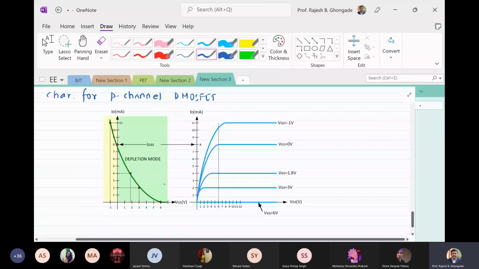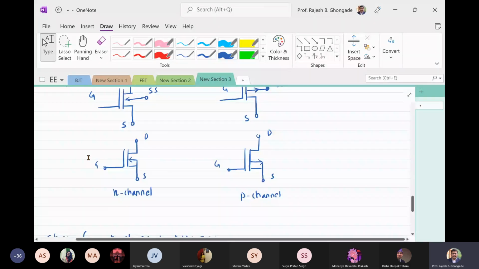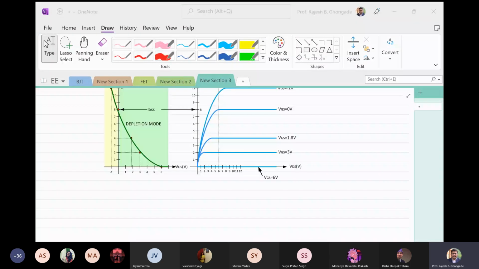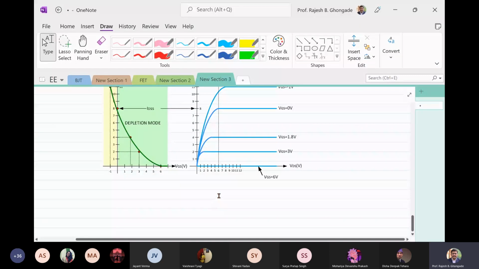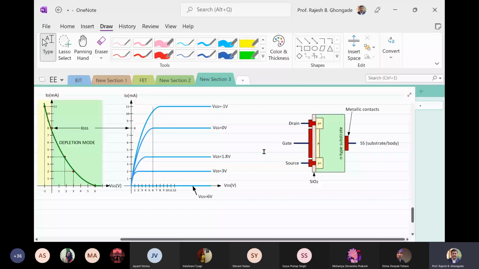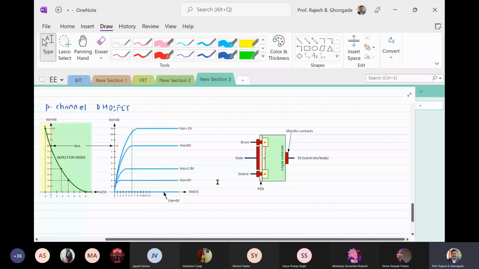As you can correctly guess, instead of the N channel, you have a P channel over there. So this is how it will be. The characteristics will be like this.